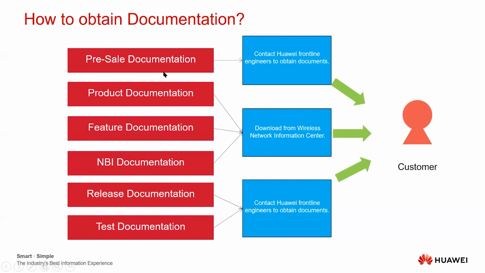You just contact our frontline engineers, most of the time the sales engineers, to obtain the documents from the very early stage of a product and solutions. And the product, feature, and NBI documentation, these 3 types of documentation are standard packages that we provide for the customer. So the customer can download them right from their support website, specifically from the Wireless Network Information Center.